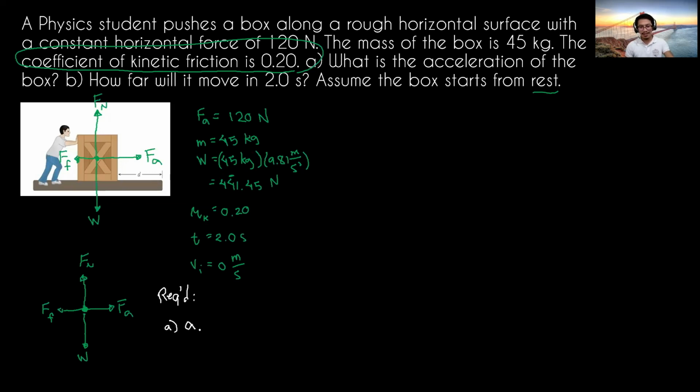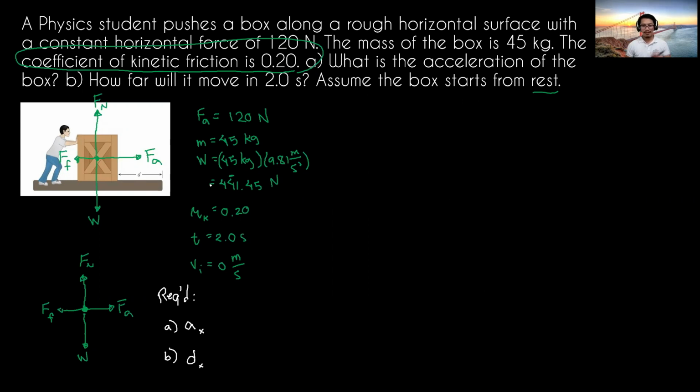Of course, it will accelerate along the X. Kasi nga, i-push lang natin sa X direction. Hindi naman yan mag-move up or down. It will move to the right. So, a sub X. Letter B. How far will it move in 2 seconds? So, that is displacement. Of course, it is also along the X. Mag-move siya along the X. Questions?